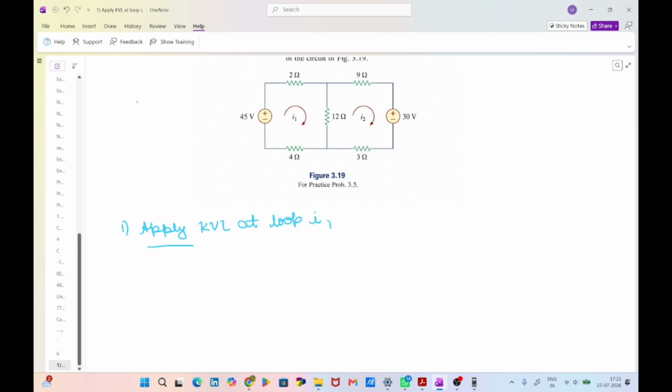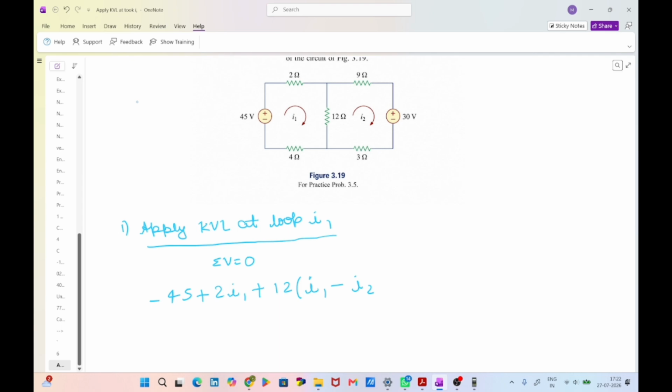I1. We know that Kirchhoff's voltage law states that the algebraic sum of voltages around any closed loop is 0. Summation V is equal to 0. Here the current I1 passes through initially minus. That's why we write minus 45 and then plus 2 I1 and then plus 12 into (I1 minus I2), because it's in the opposite direction.